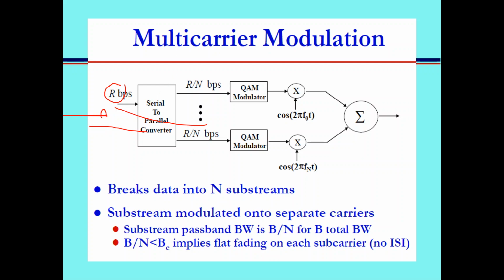So instead of having this symbol period, here you have this symbol period. So the channel is within. So you try to avoid this delay spread. This is how you avoid the delay spread between the symbols within the packet, within one block of OFDM.